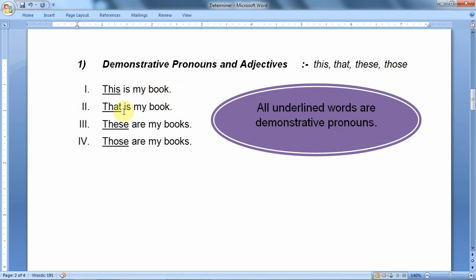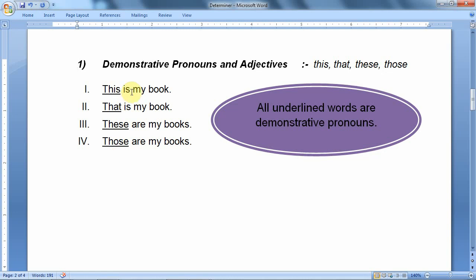This is my book. That is my book. These are my books. Those are my books. These are the starting words of the sentence. Now pay attention to this. All underlined words are demonstrative pronouns, meaning here these words are playing the role of demonstrative pronouns.